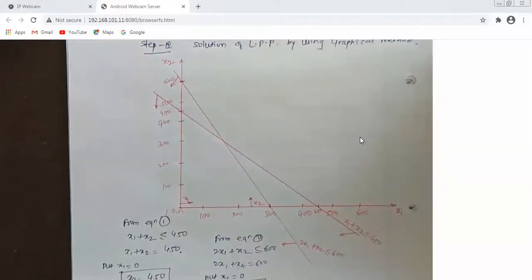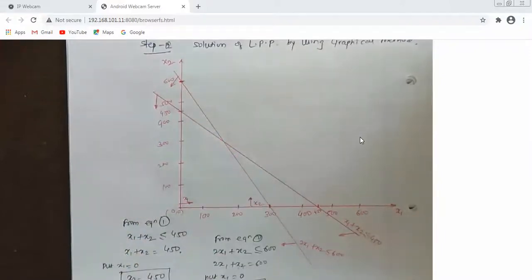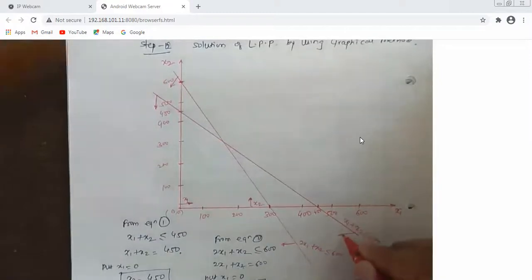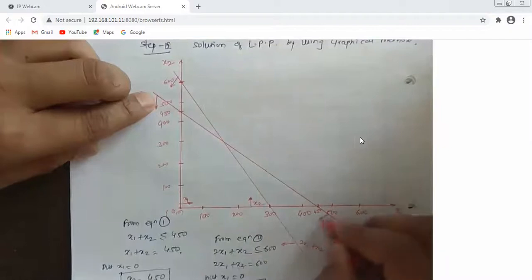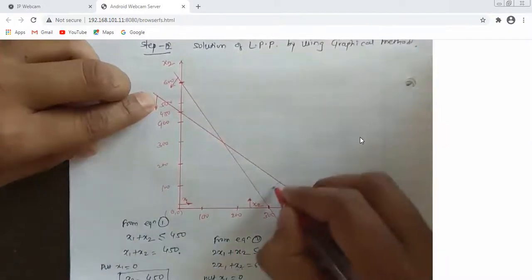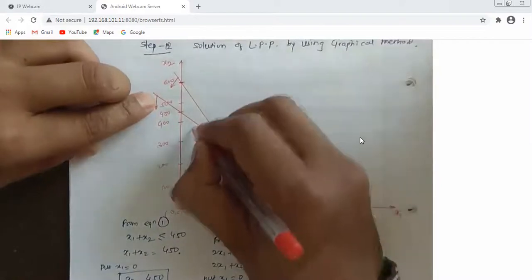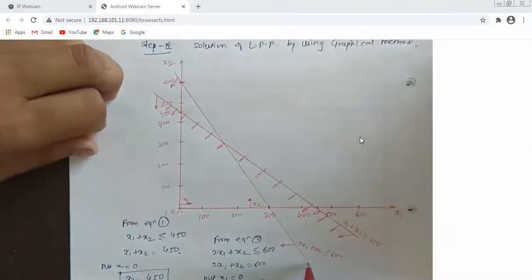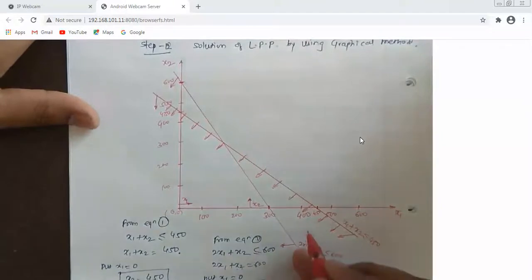Okay, so out of these lines, which one is the common area? I told you how to find the common area. See what I will do. The equation of the line shows that the solution is towards the origin. So I will draw like this. Similarly, the second line equation also tells that the solution is towards the origin.